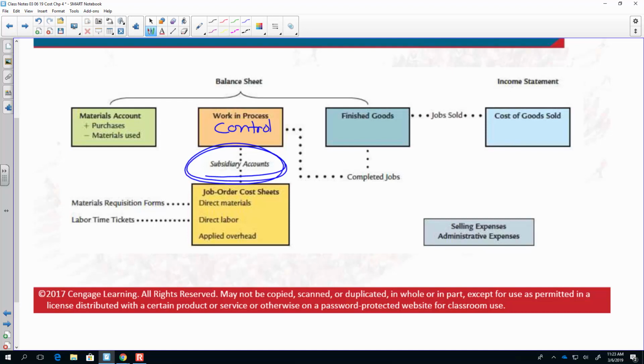Well, the WIP is the same thing. The job order cost sheets of unfinished jobs is a subsidiary to the WIP control account, which does appear in my inventory, right? On the balance sheet. Just like AR does, just like accounts payable does.